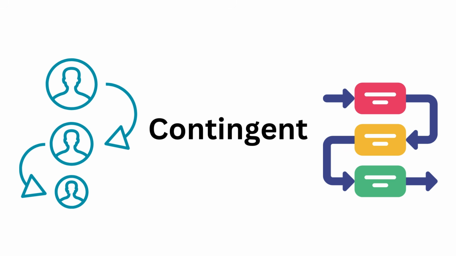The next word is contingent. So the word contingent means to depend. So these were the most similar images I could find. So if you can see something similar, both these images have the top part depending on the next area. So you can think of this person depending on the top person to get something done, and so on.